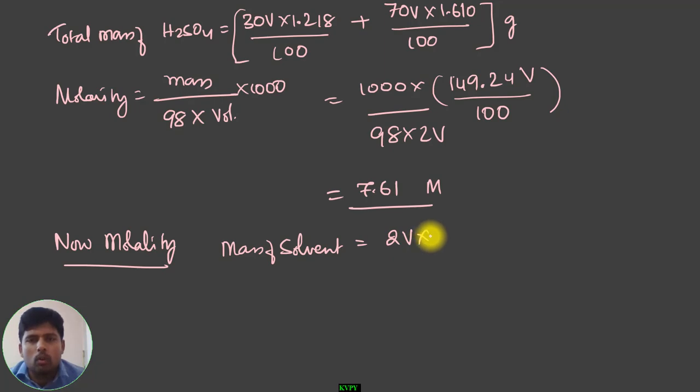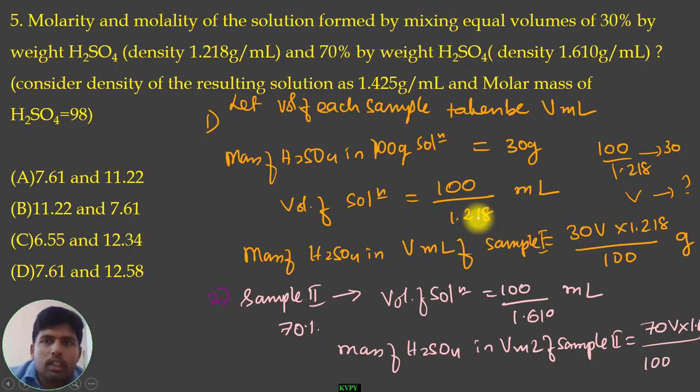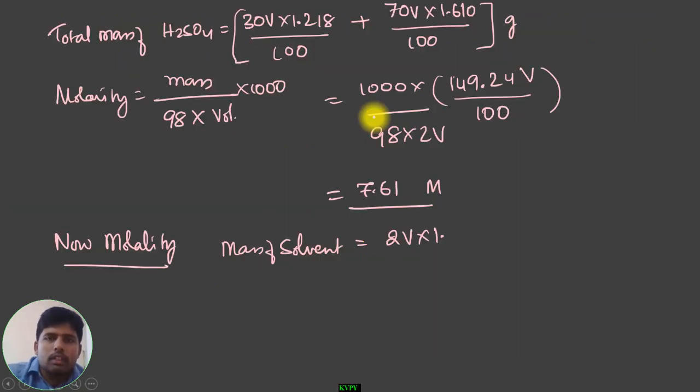So 2V into the density of the resulting solution, 1.425. This is actually the mass of solvent in milliliter, minus 1.